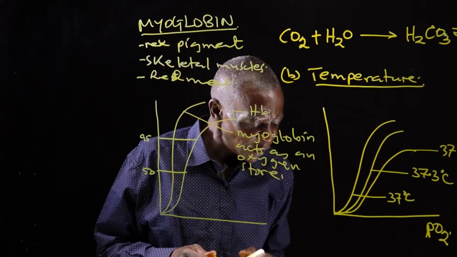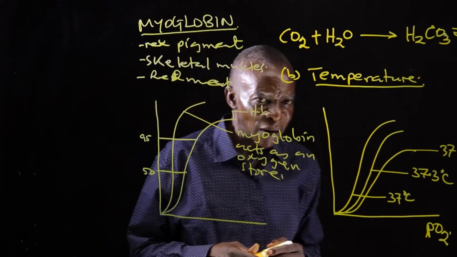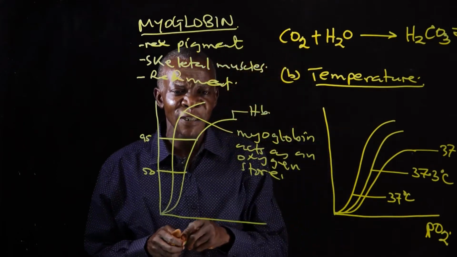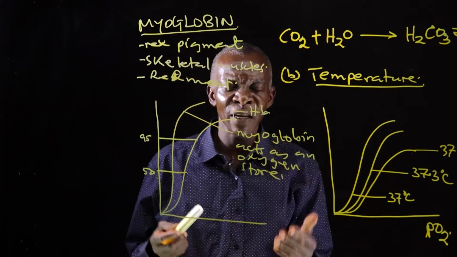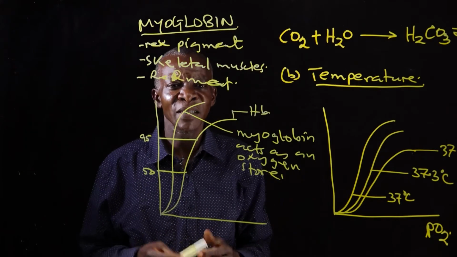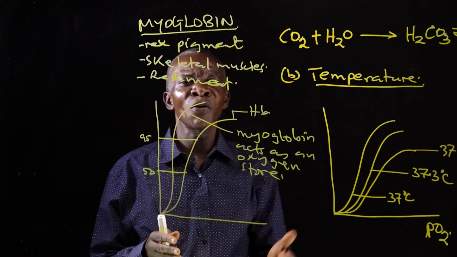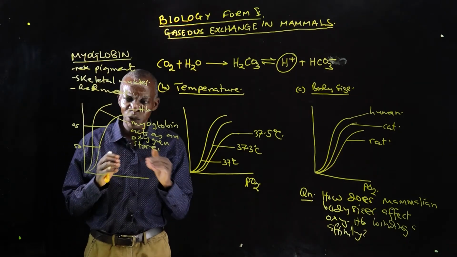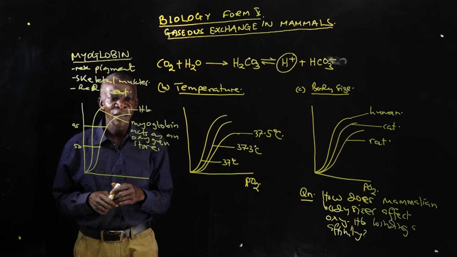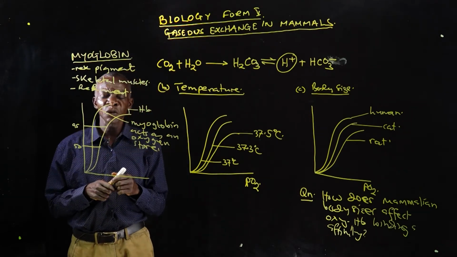And therefore, it releases its oxygen during strenuous body exercises. When we have heavy body exercises, when all hemoglobin has completely been exhausted, or is nearly exhausted, that is when myoglobin comes into play.